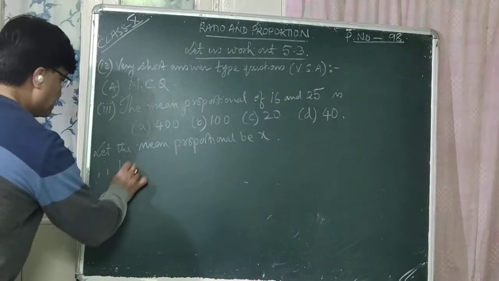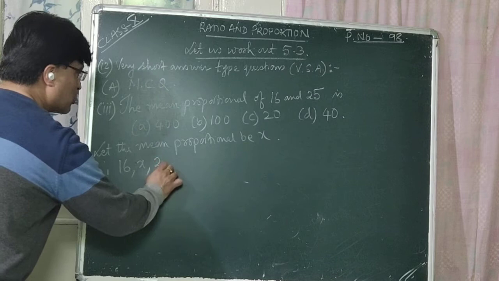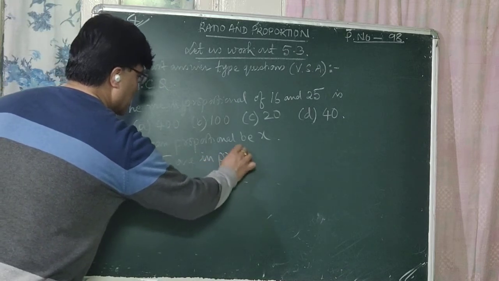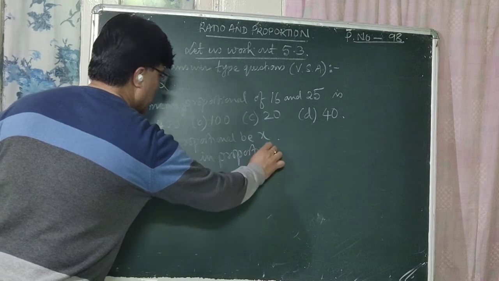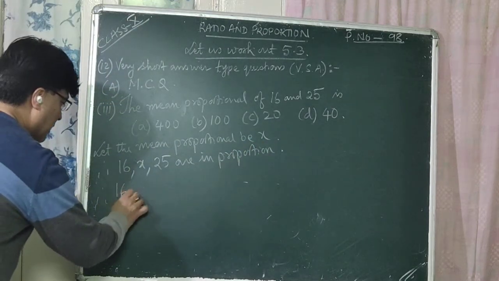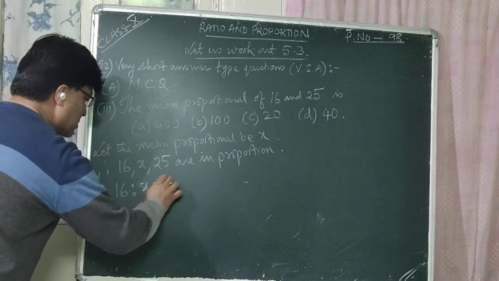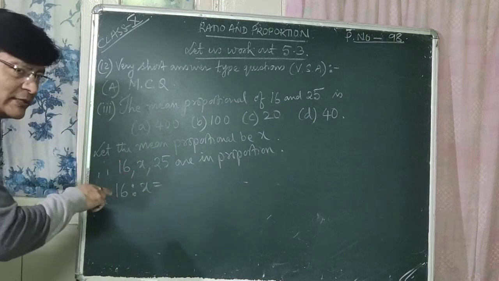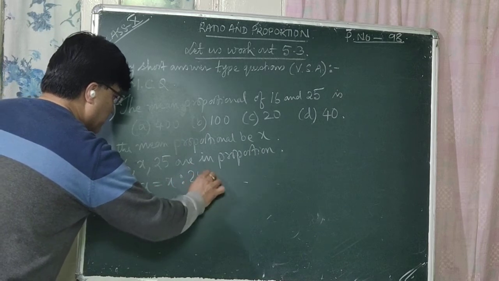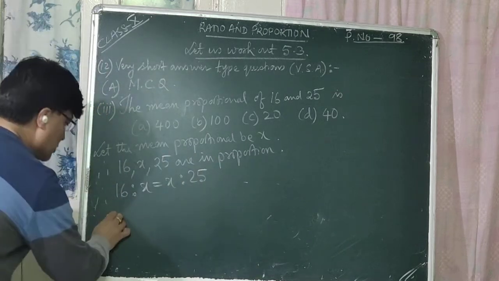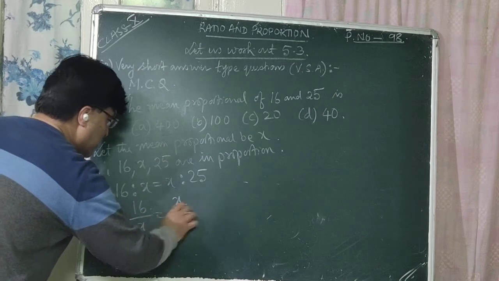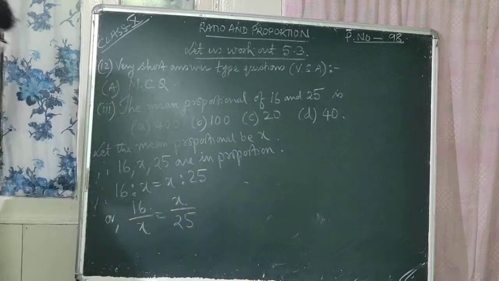So therefore 16, x, 25 are in proportion. That means what can you write? Again 16 is to x is equal to x is to 25. Is that clear? Or let us write it in terms of fraction. 16 by x is equal to x by 25.